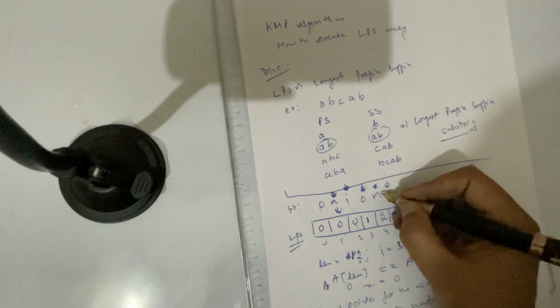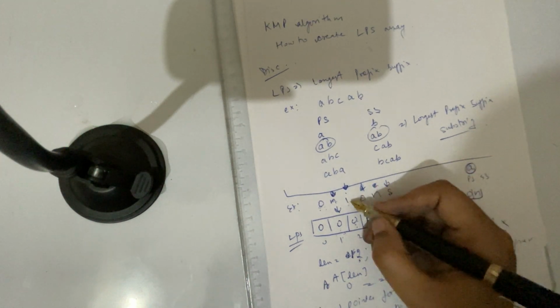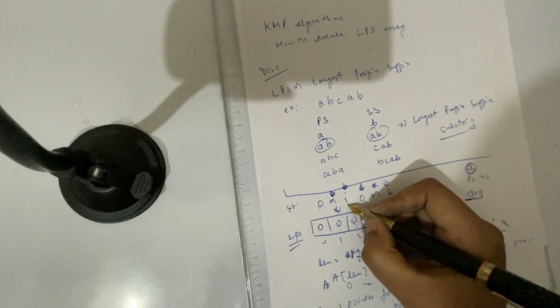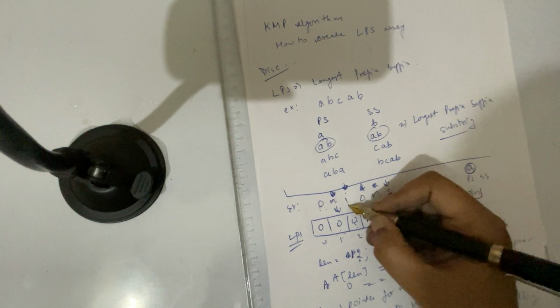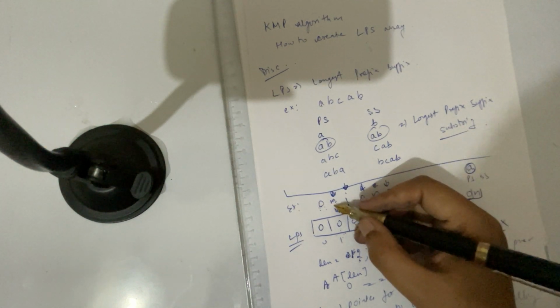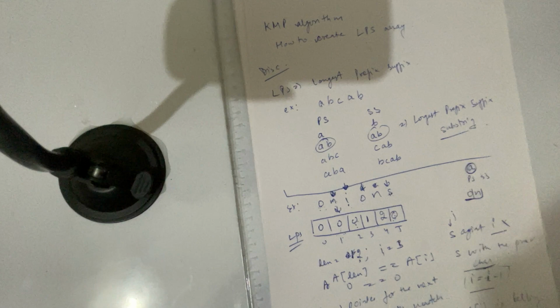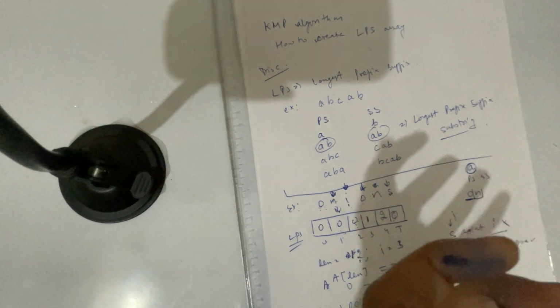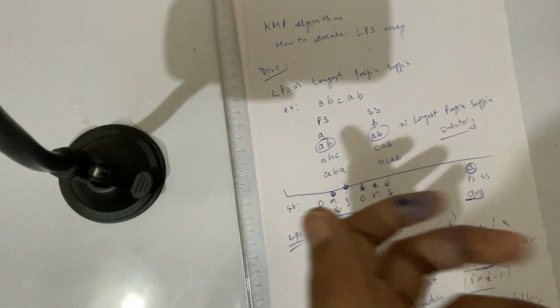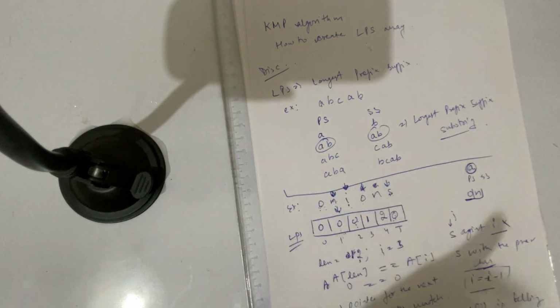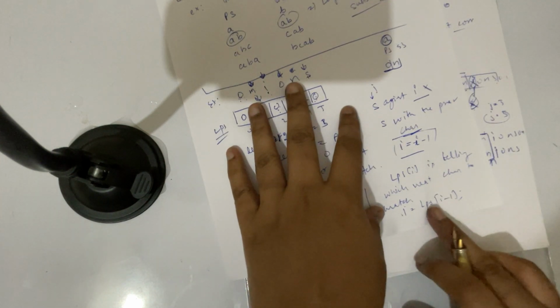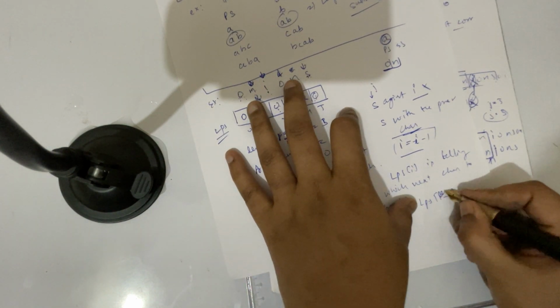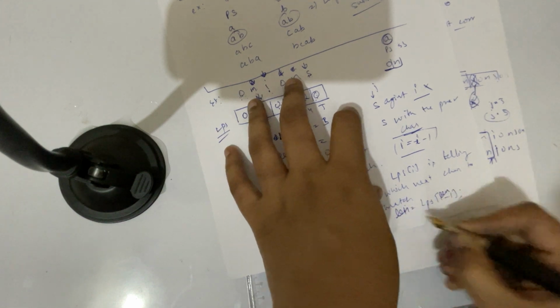For example, I was matching against I. So length here was 2. So I'll move back, then length would have become 1. So I'll move back and then check which is the next character I can match, and I'll use the LPS for that. That's what I did: length equals LPS of length minus 1, and the length becomes this.